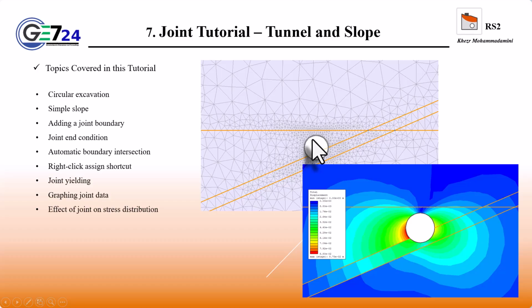If we have circular or another non-circular, it means the D shape or another shape of tunnels underground, we have some joints, and adding joint boundary, joint conditions, joint set, automatic boundary intersections, and also some joint yielding, graphing joint data, effect of joint on stress distribution, and also the properties related to the joint set, constitutive model for these joints and joint sets and faults, and all of the details about this joint in tunnels and slope.